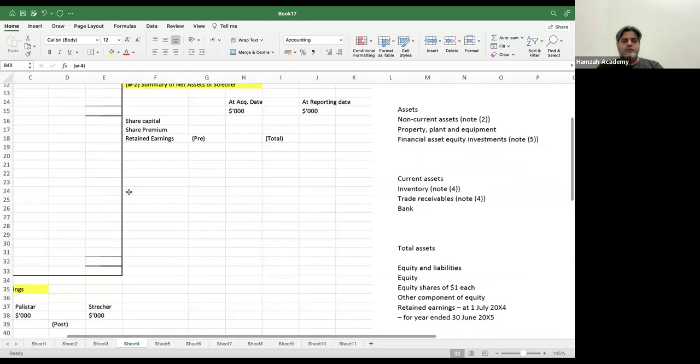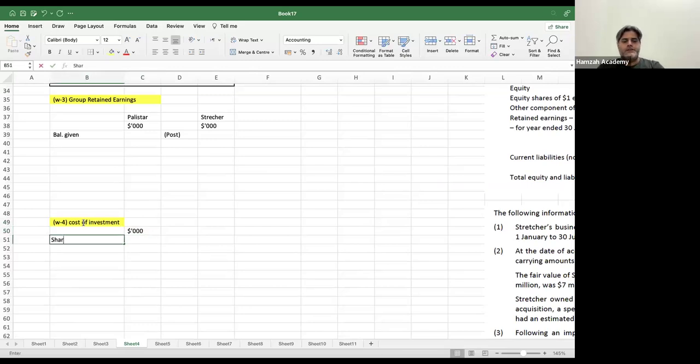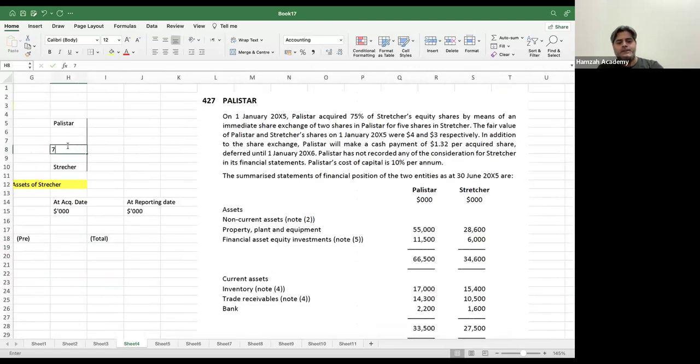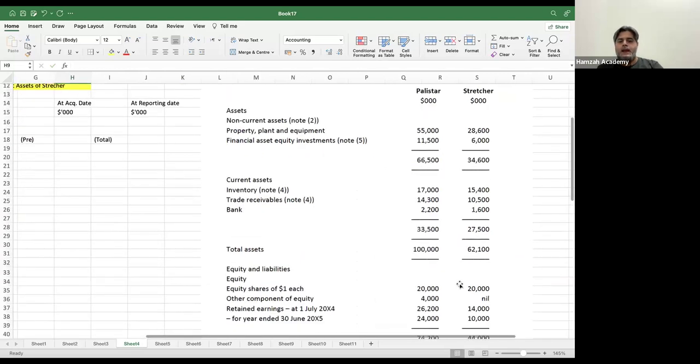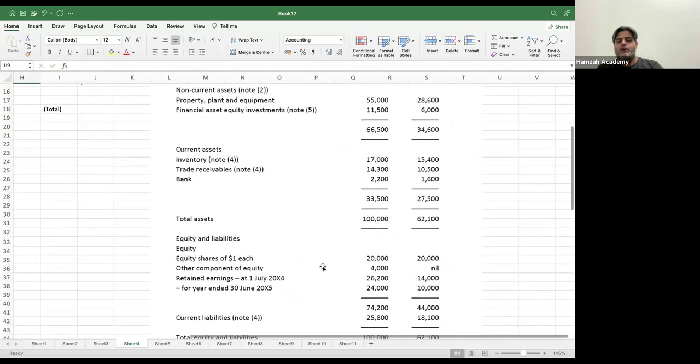Okay. Now I'm going to go into the cost of investment over here. First thing first, I have a share exchange. I have acquired 75%, so I'll write this: the 75% holding, by means of a share exchange of 2 shares in Plester for every 5. And 20 million is the number of shares over here, because at $1 each, it is 20 million shares.